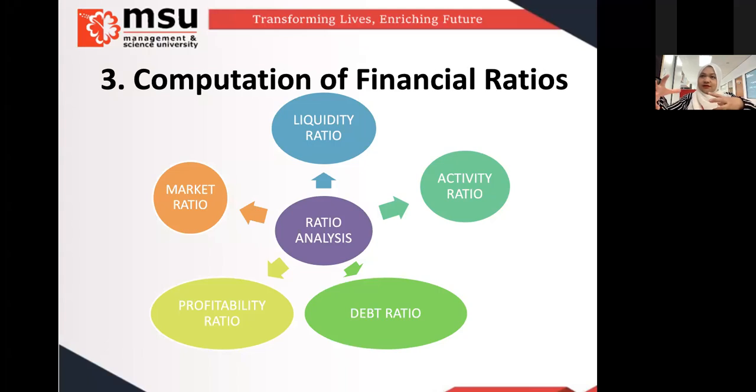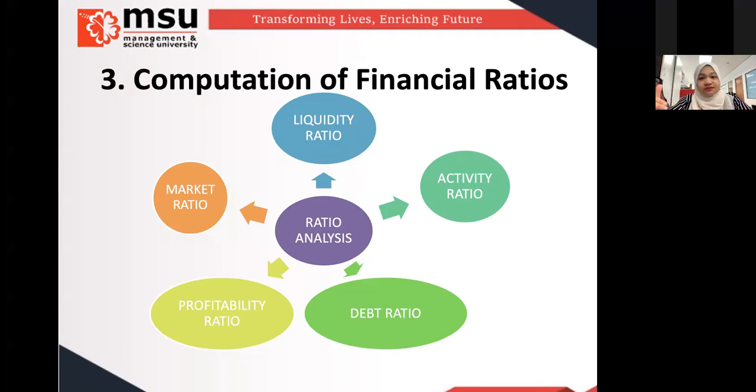All these operations we will analyze using the activity ratio. So the activity ratio basically informs us how effective and efficient the company's management is.